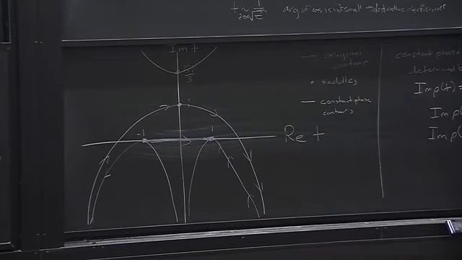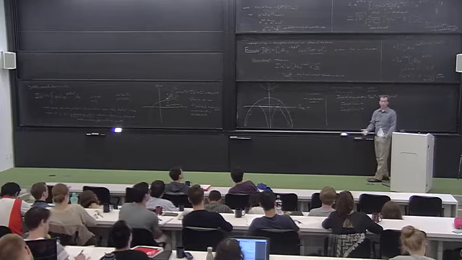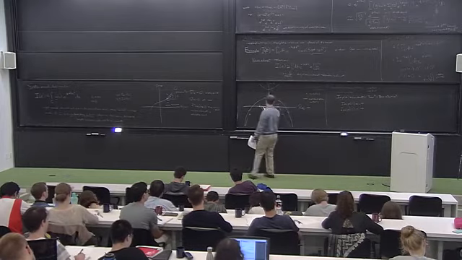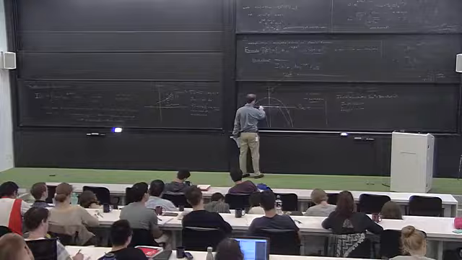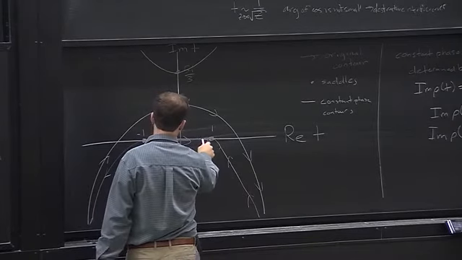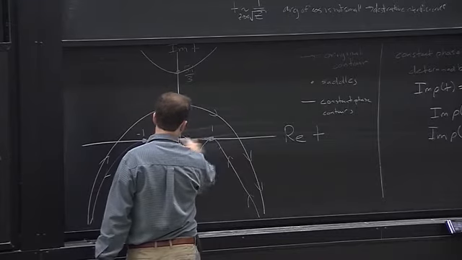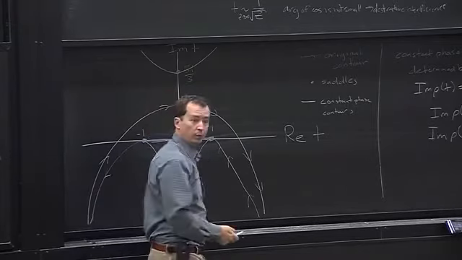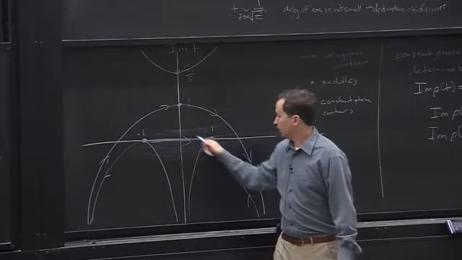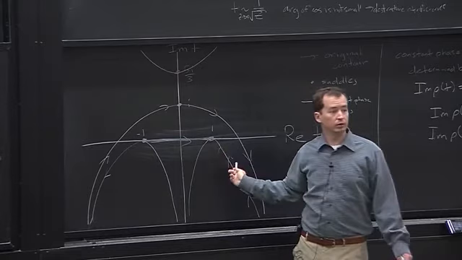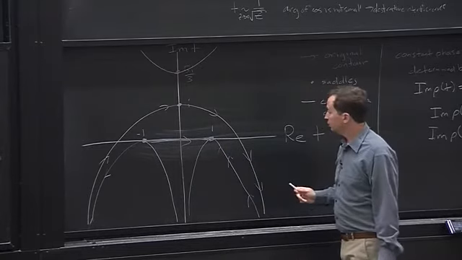Because our function is analytic, we can deform a contour however we like. This whole contour we can continuously deform into that contour without passing through any poles, so the integral along both of these contours is the same.